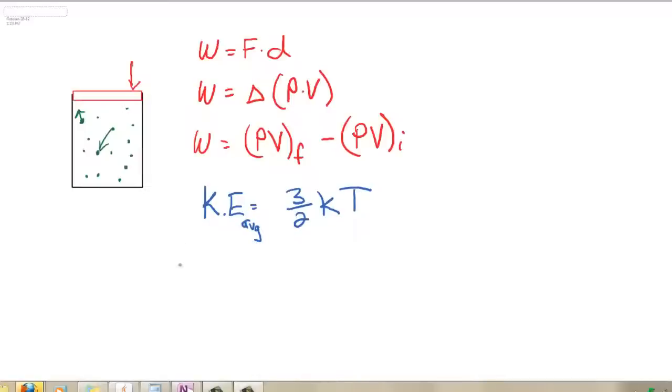The overall energy would be simply the average kinetic energy multiplied by the number of molecules inside the gas at that time. So the total energy of the gas at any given point is simply N times the average kinetic energy.